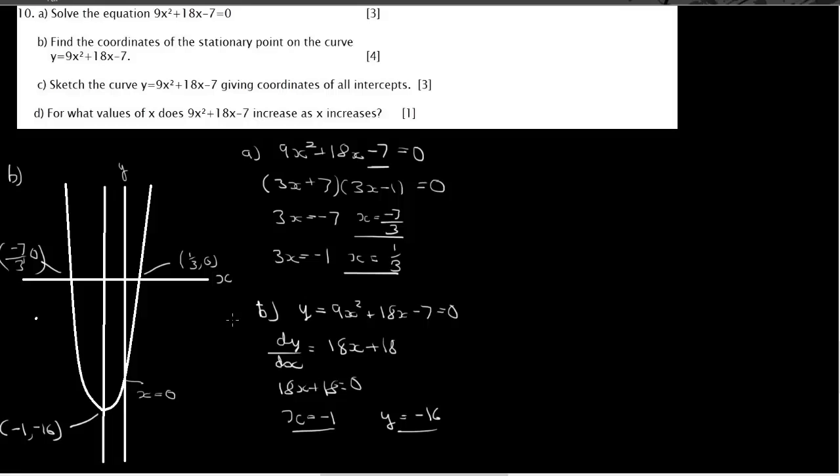When x equals 0, by substitution, we can see that y equals minus 7. So that's that intercept there. Look at the original equation, when x equals 0, y equals minus 7.